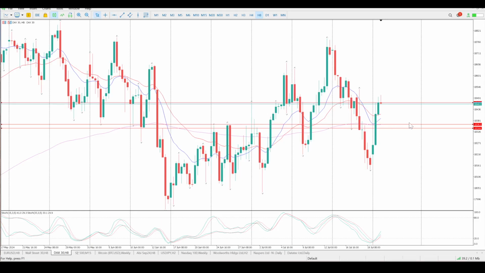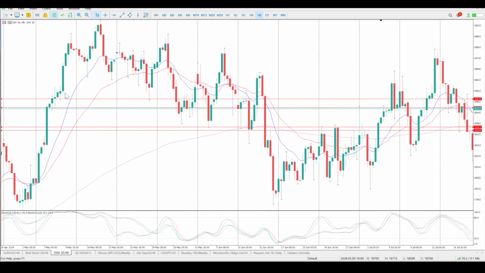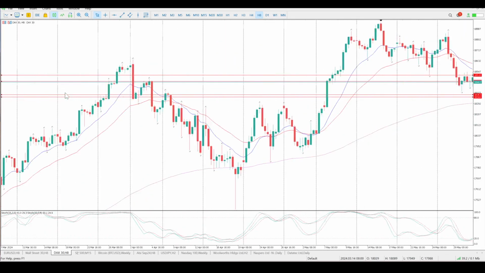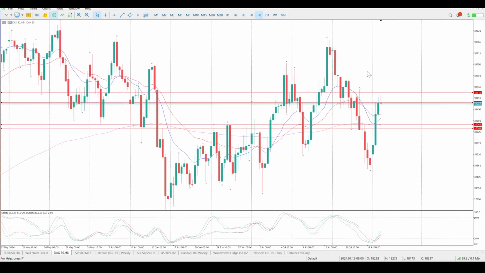Okay, so we are bouncing our head off 18,470, which is the only bit of structure that we have ahead of us. There is one more ahead of us. We do have this little area here at 18,518, so let's just call it 18,500, which seems to be what price is holding on to now.